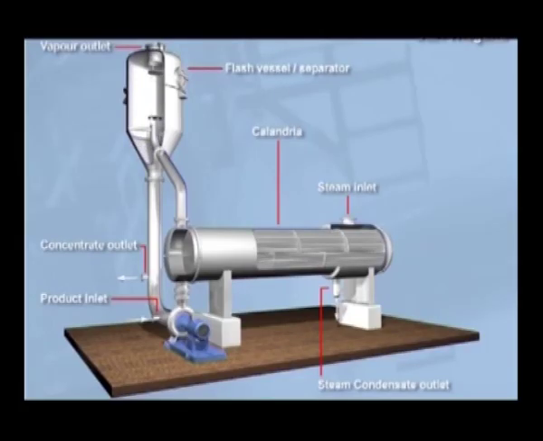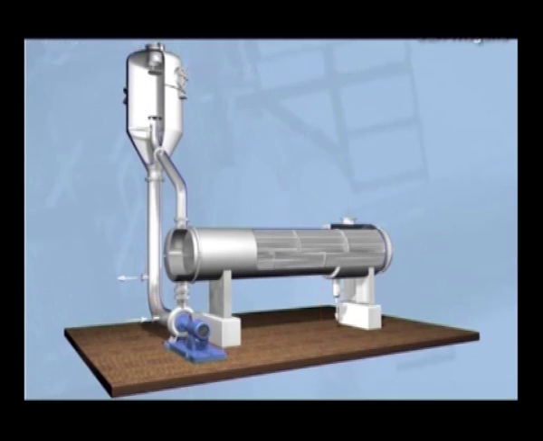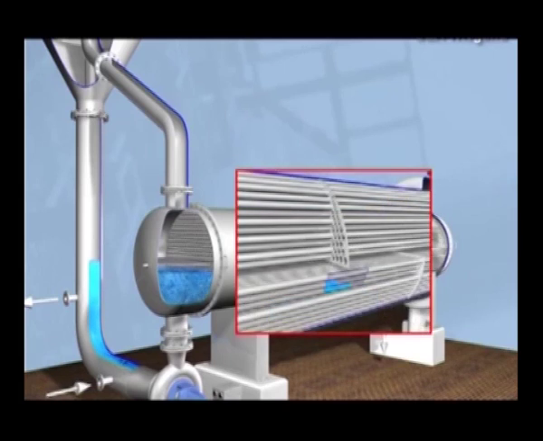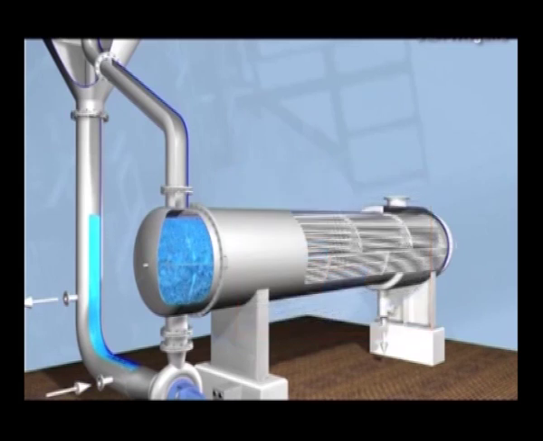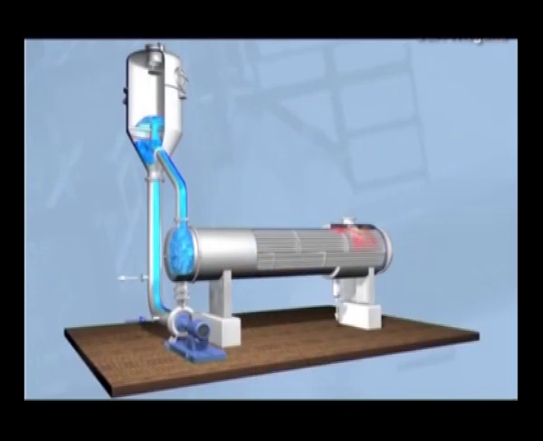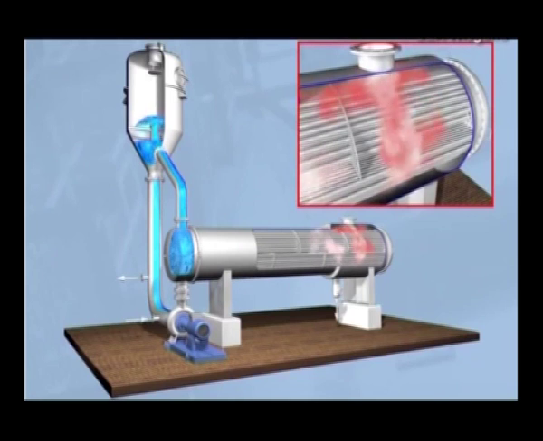In forced circulation, significant improvement can be seen, especially in the case of viscous liquids. The calandria can be horizontal or vertical. The heat transfer coefficients are very high and the residence times are very low due to high circulation velocities. In forced circulation evaporators, feed mixes with the liquid that is held in the tubes of the evaporator and the mixture passes through the equipment, and unevaporated liquid is recirculated back to the equipment.